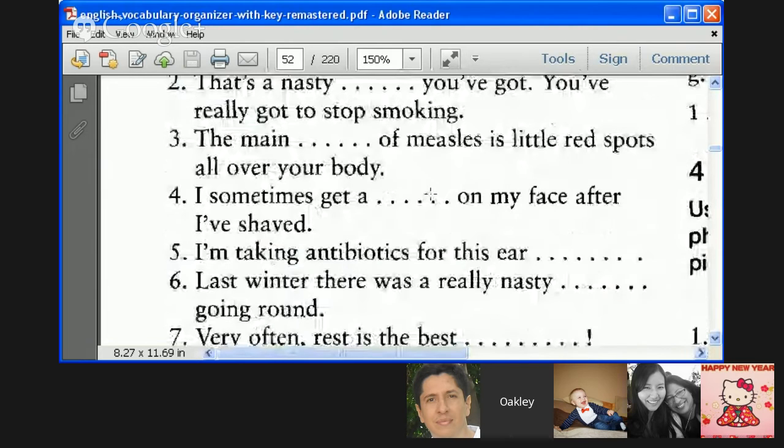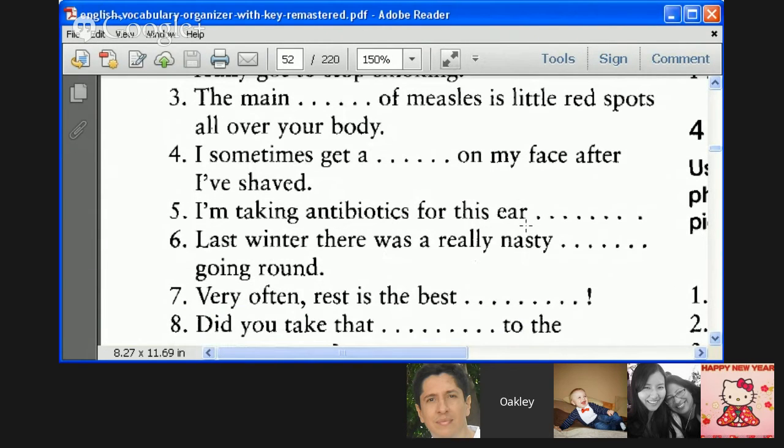Viruses, of course, are the very, very, very small life form that infects us and causes colds and flus, and they're constantly evolving and changing. So our bodies can never completely fight them off. Right. Again, notice nasty. Nasty cough, nasty infection, nasty virus.